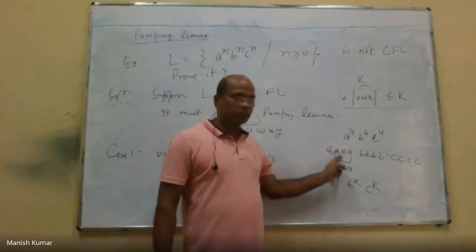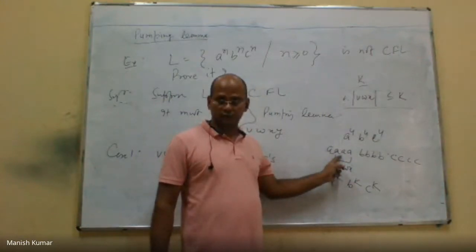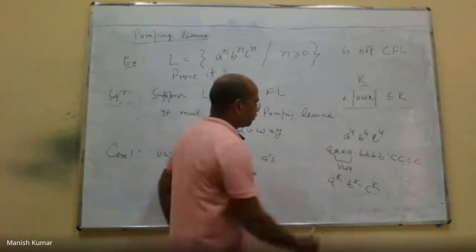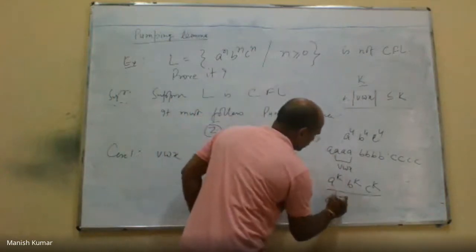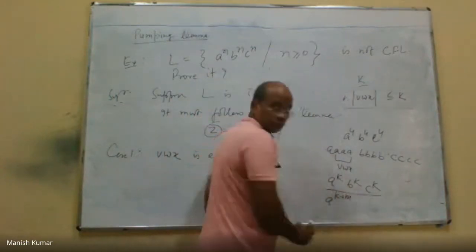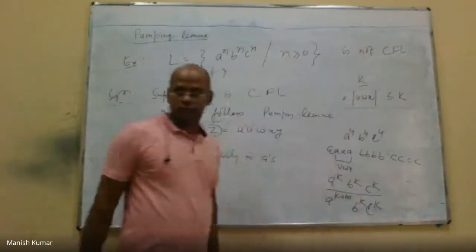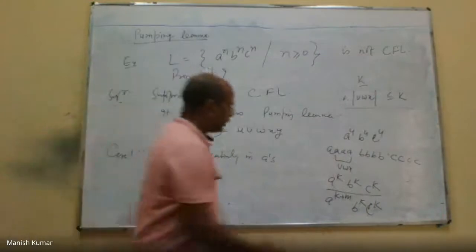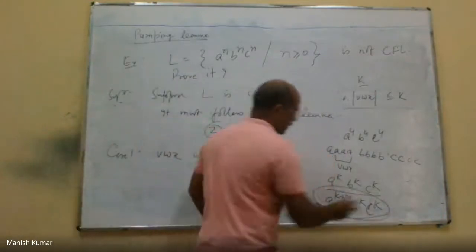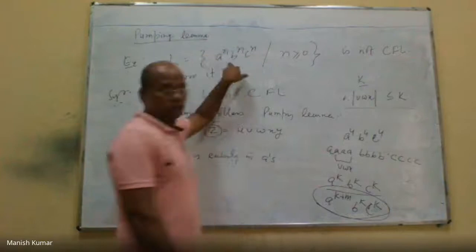Once you pump this particular section, then this becomes A^(K+M), B is still K, and C is still K. And you can easily see that this actually violates the construction of the language.